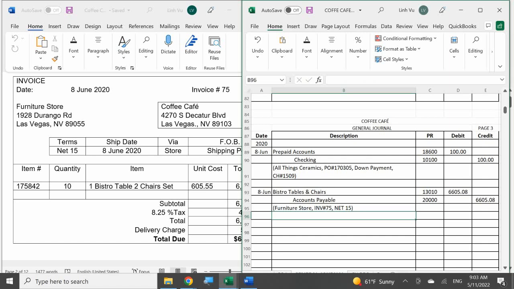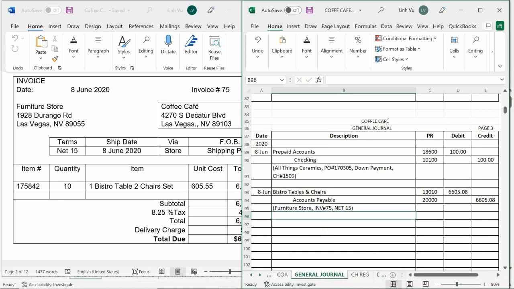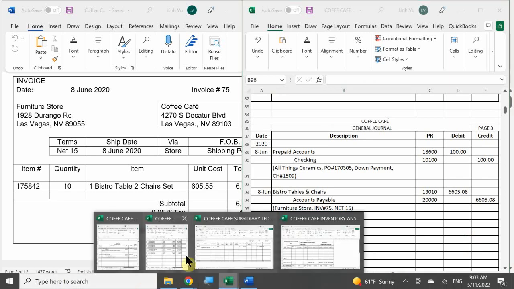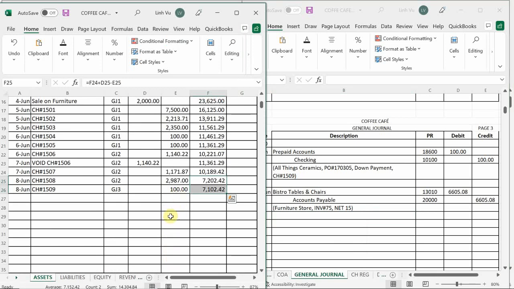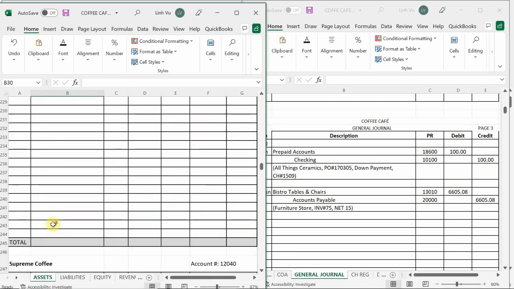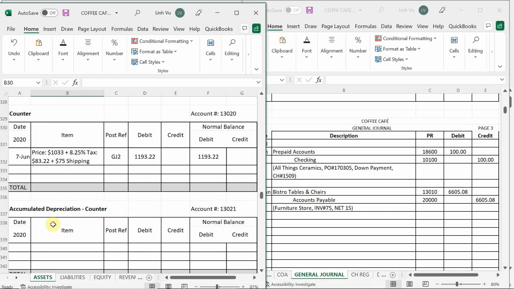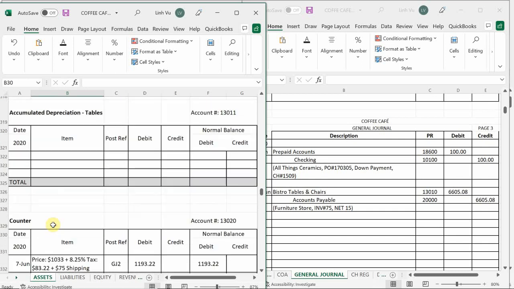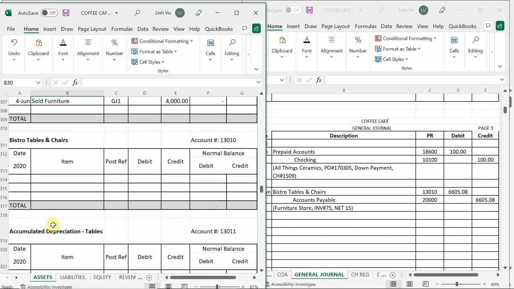So let's go ahead and plug this into my ledger. Because now I owe more money. Okay, so I bought furniture. Here we go, tables and chairs.